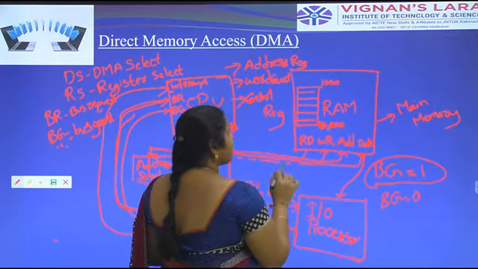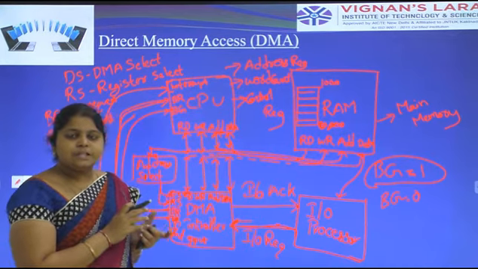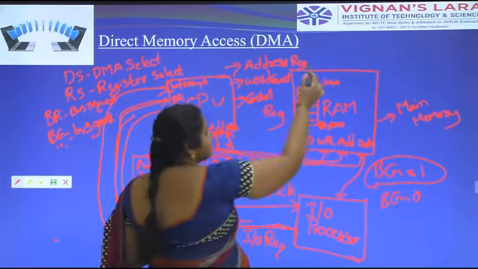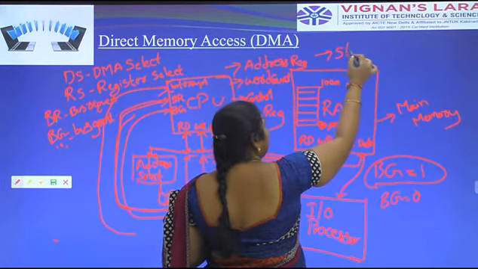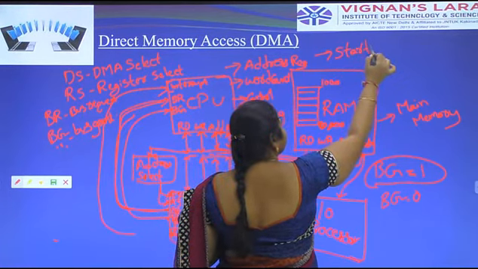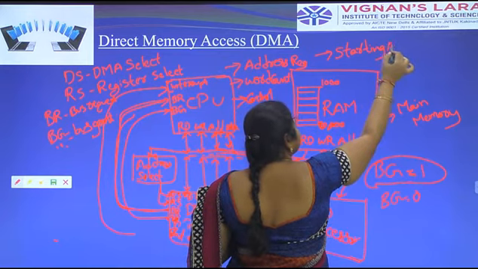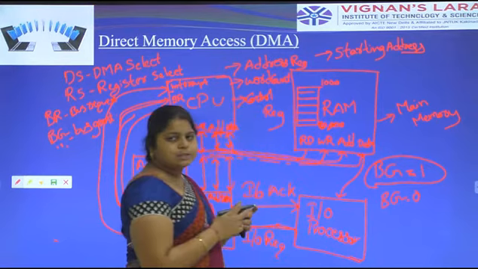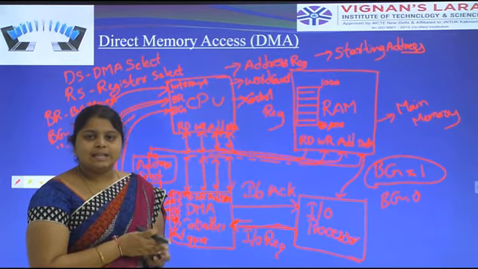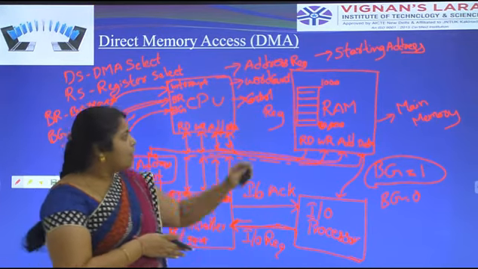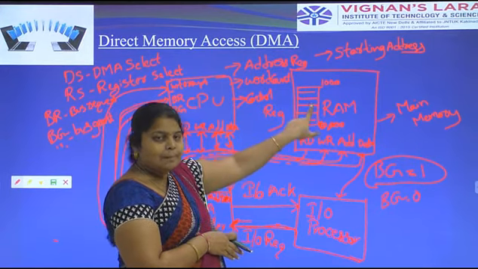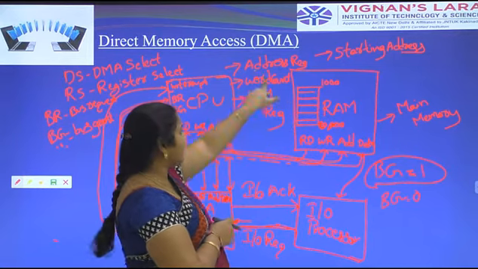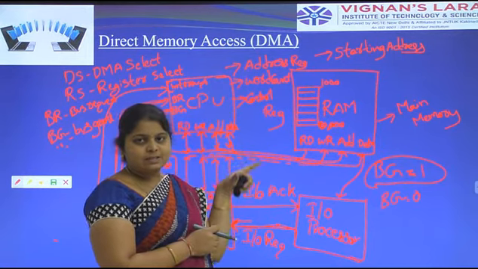The address register specifies the starting address of the memory. Here the starting address of the memory is 1000, and that is identified with the help of the address register.